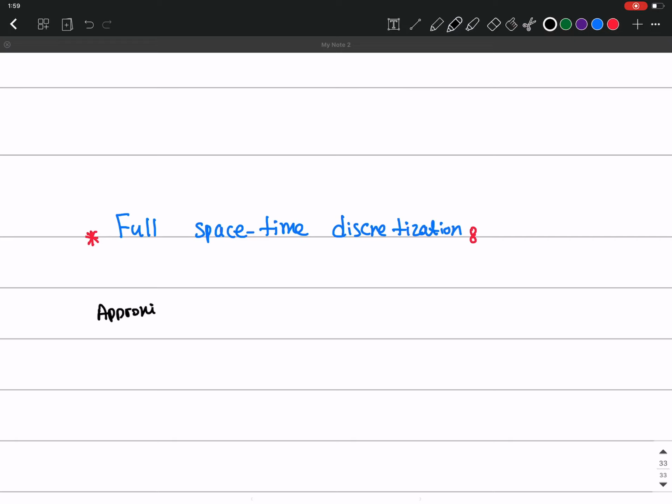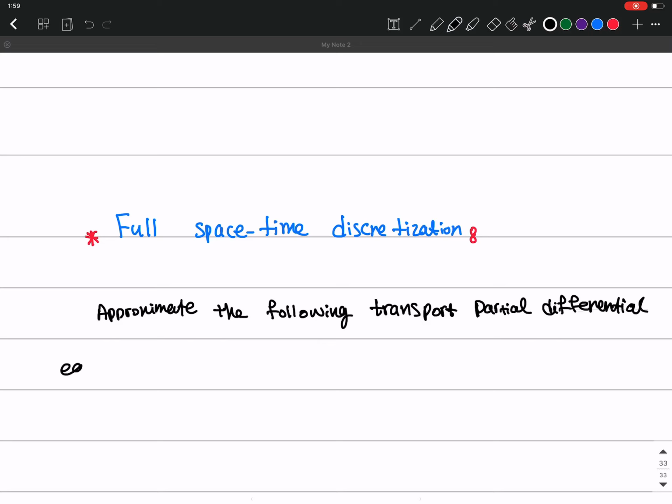Approximate the following transport partial differential equation using the finite difference method.